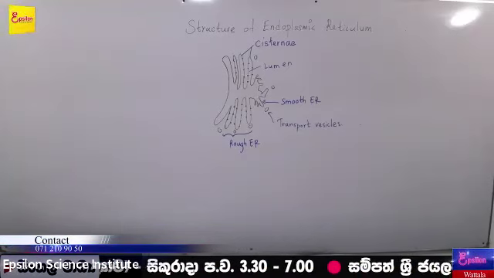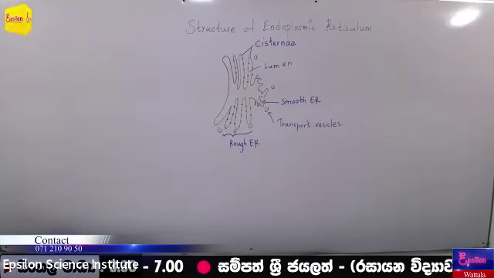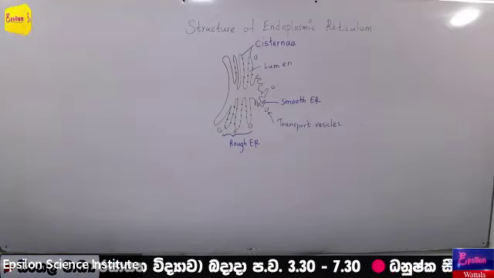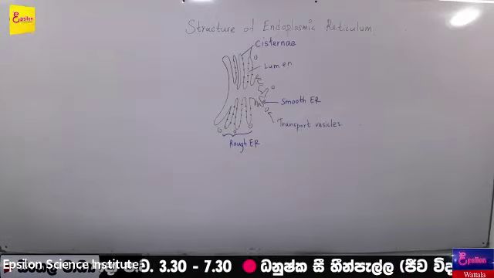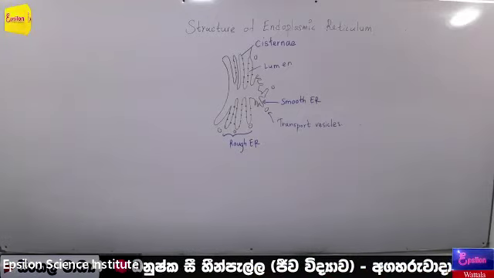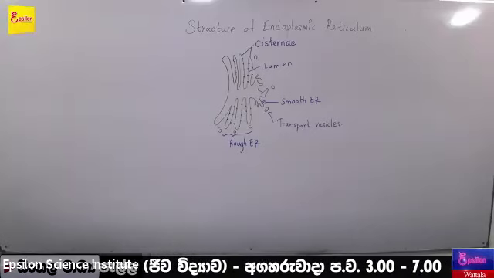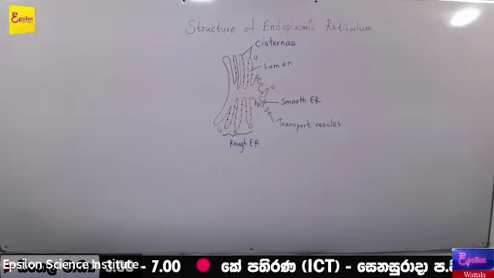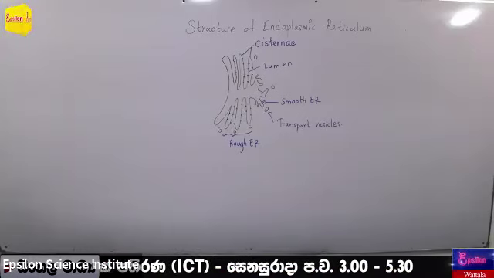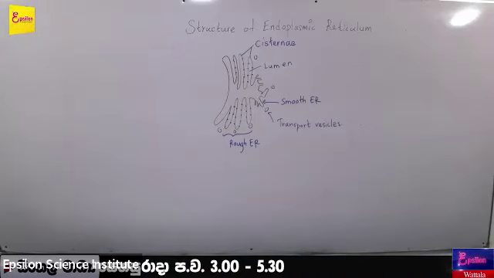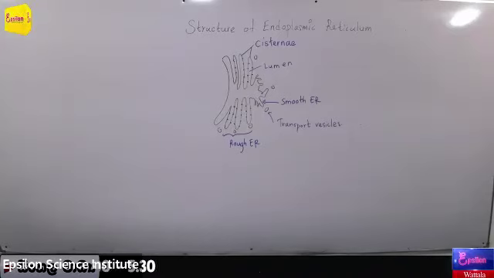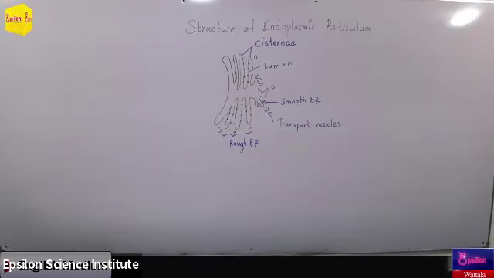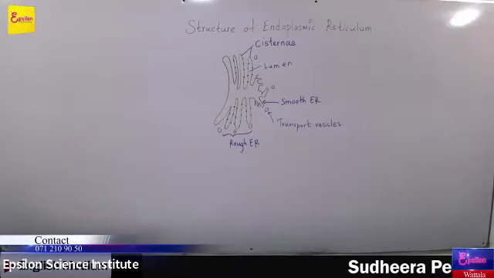Next one. SER is a network of tubular sacs without ribosomes. SER produces transport vesicles.